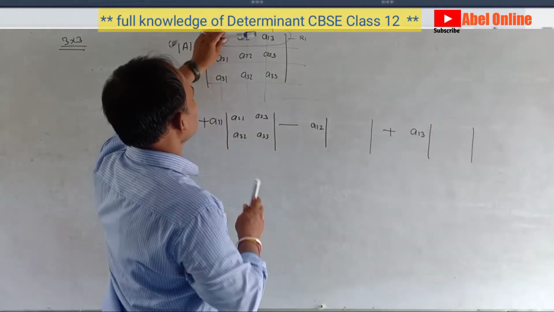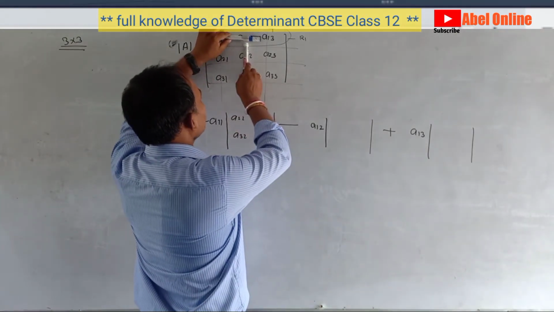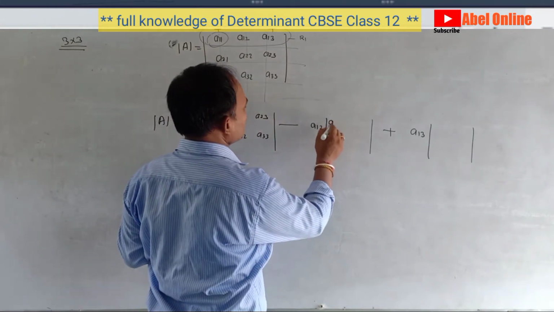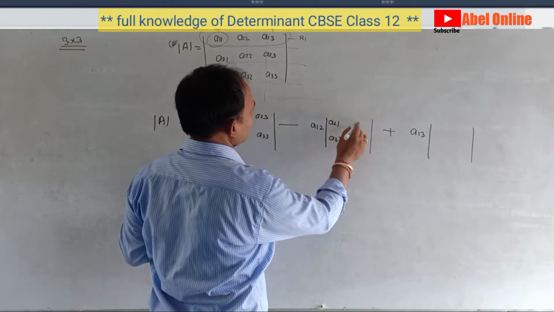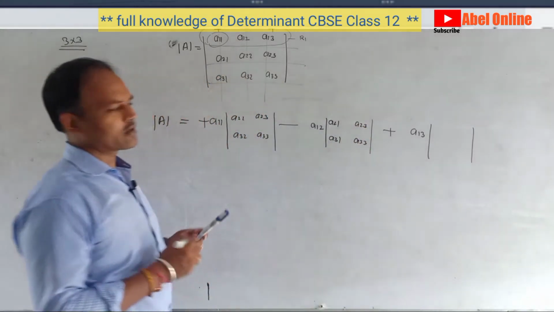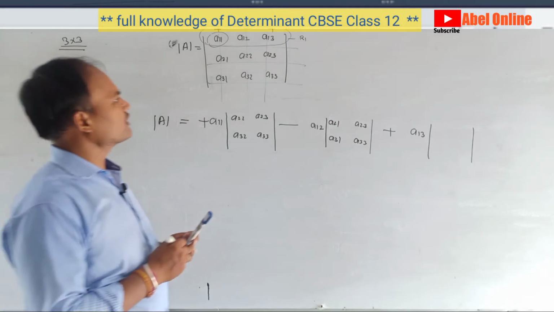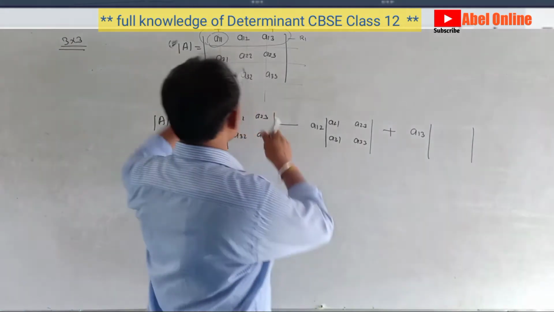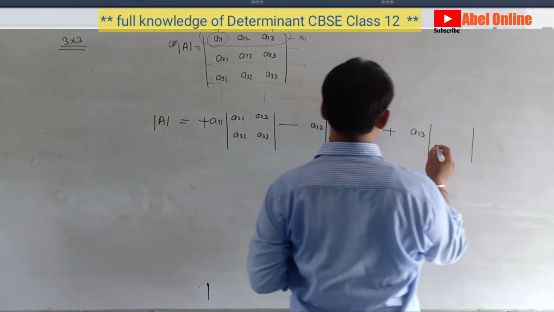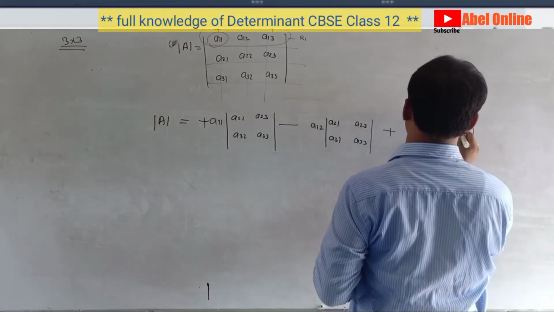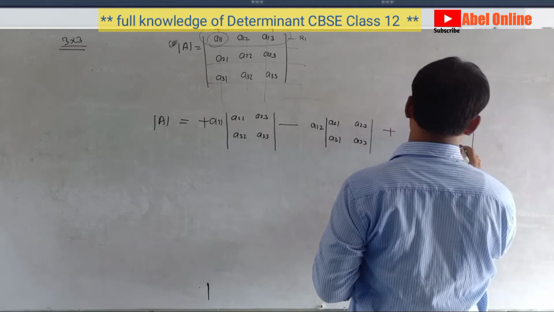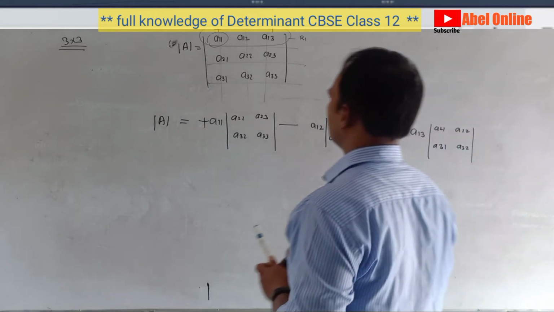When we are on A12, just hide its particular row and column. So the remaining part is A21, A23, A31 and A33. Now what about A13? When we are on A13, we hide its row and column. So the remaining part is A21, A22, A31 and A32.